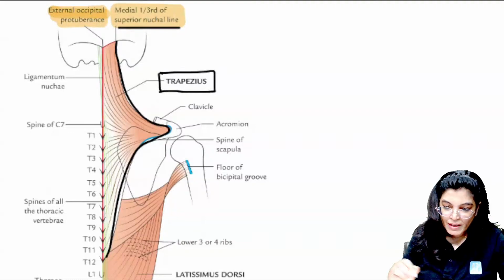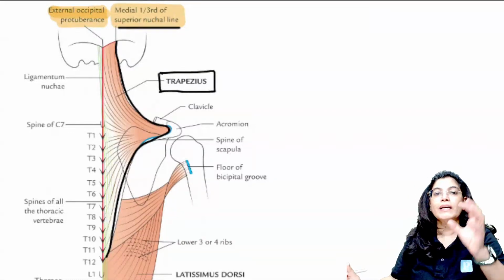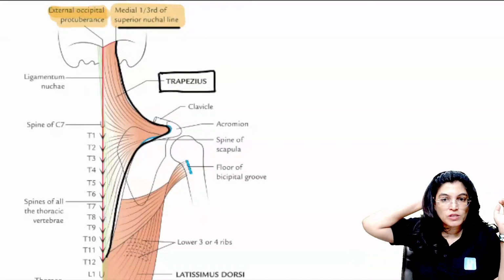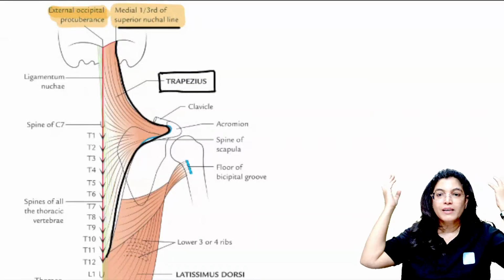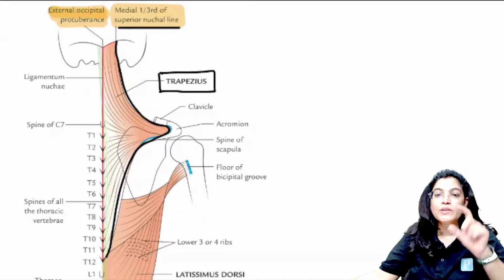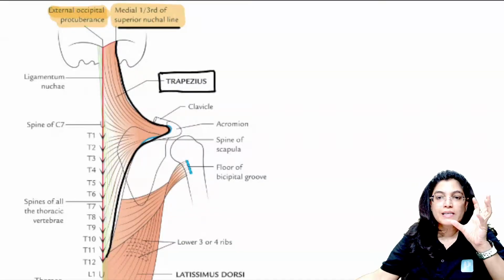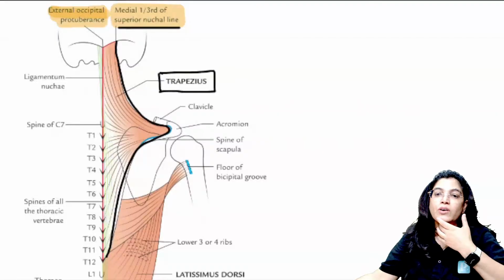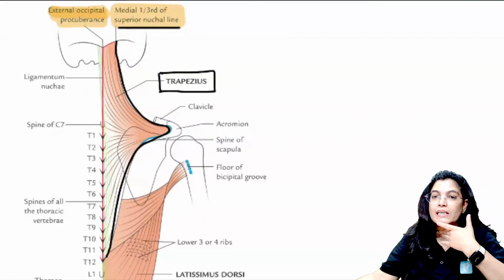On the occipital bone, if you touch posteriorly, I have hair, but on the skull you can see an elevation lying on the occipital bone posteriorly. That is called the external occipital protuberance.